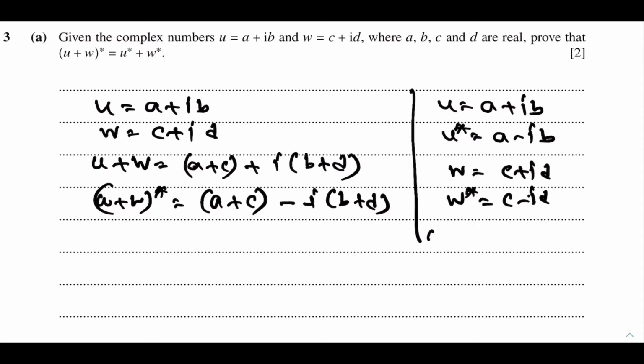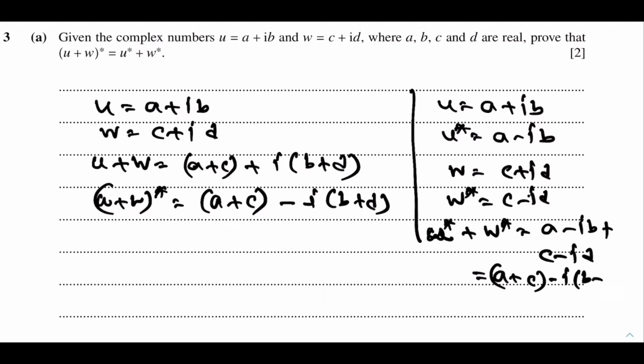And if we add the conjugate of u and the complex conjugate of w, it equals a plus c minus i times b plus d. Let's check both the things, this one and this one, both are equal.